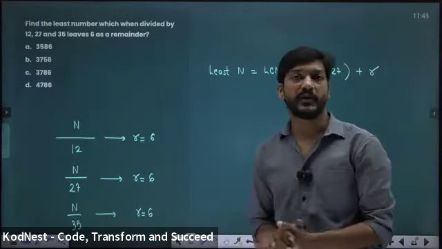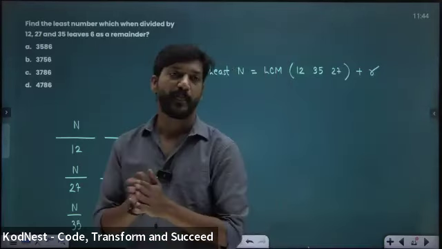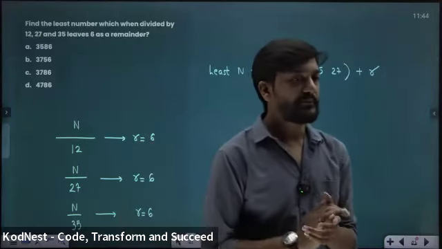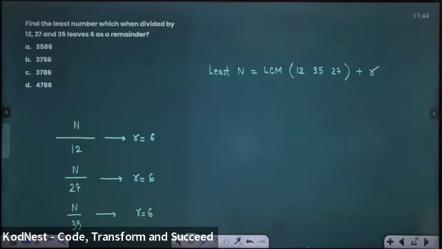Quick calculation, please. What is the LCM of these three numbers? Quick calculation. 12, 35, 27. Whatever is common, take it outside.